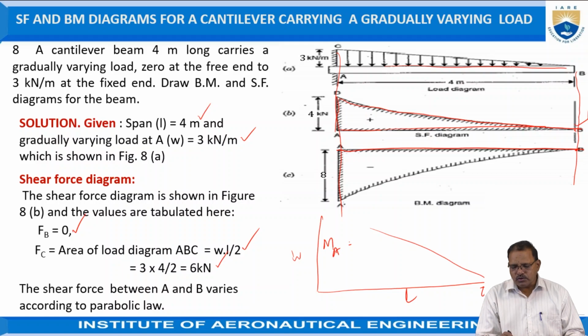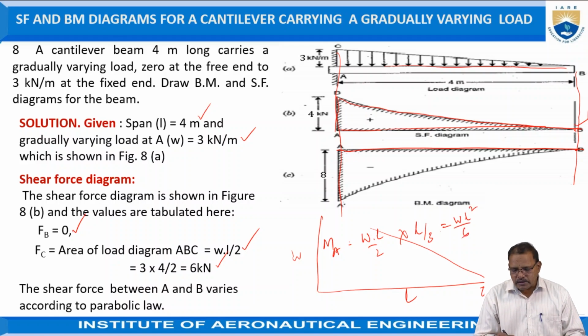It is equal to the total force, W into L by 2, but where is it acting? At the center of gravity of the triangle, that is from A at a distance of L by 3. This is the point of application of the force from the base. It can be simply written as WL square divided by 6.